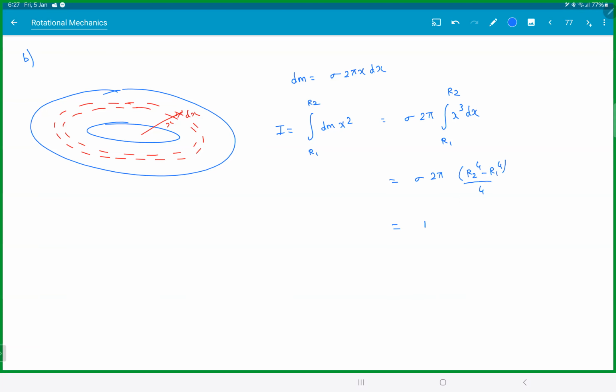But what is sigma? Mass by total area, which is m by pi (R2 square minus R1 square), into 2 pi (R2 power 4 minus R1 power 4) by 4. This turns out to be m by 2 (R1 square plus R2 square). Check.